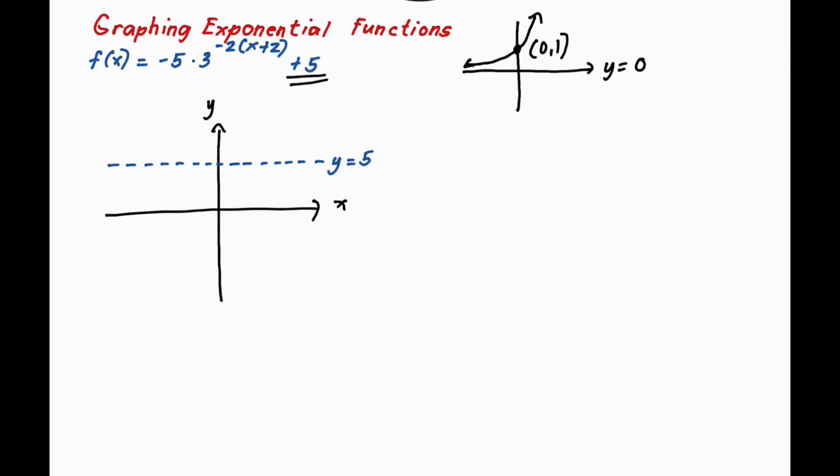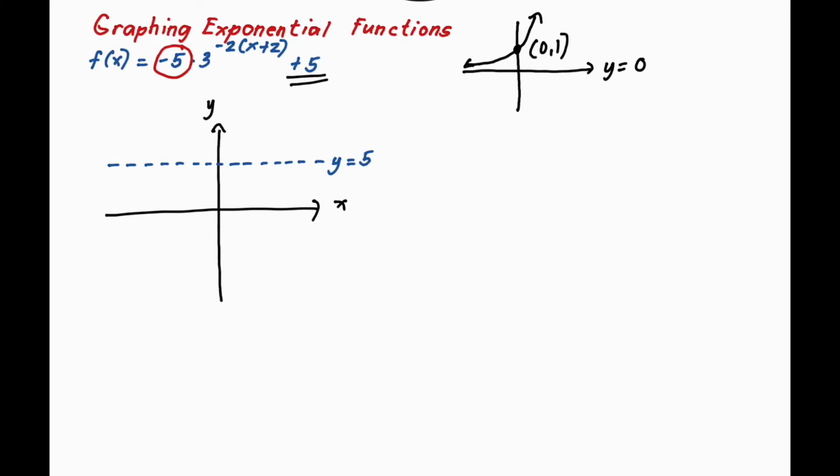The question here is, where will the graph lie? Will it be above y equals 5 or below y equals 5? You can determine that by identifying your a value, which is negative 5. Since it's negative, the graph will be confined below y equals 5.